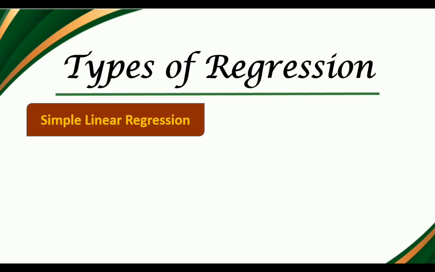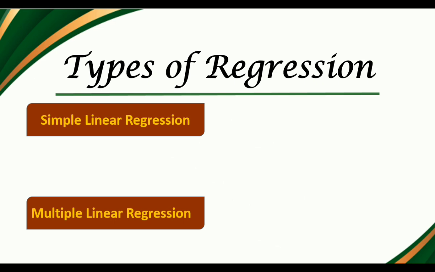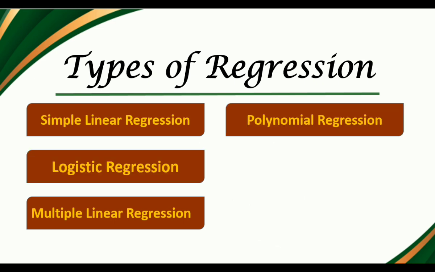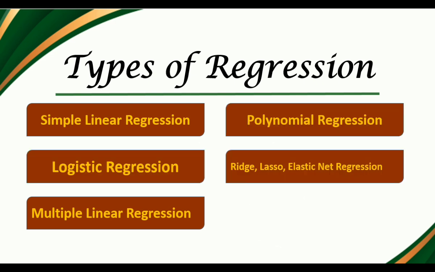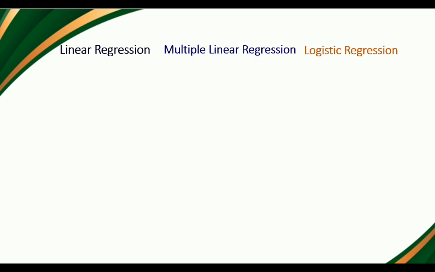We have different types of regression. We have simple linear regression, multiple linear regression, logistic regression, polynomial regression, ridge-lasso elastic net regression, and also nonlinear regression. But we will be talking first about linear regression, multiple linear regression, and also logistic regression.